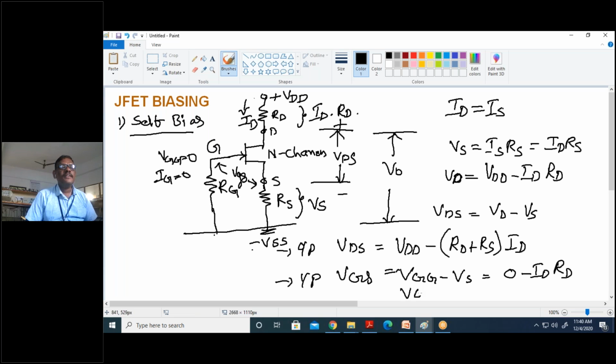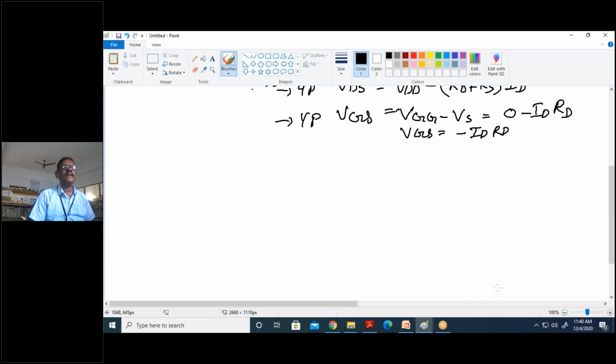So VGS is equal to minus ID into RS. When drain current increases, VS also increases, due to this reverse gate source voltage increases, which decreases the effective width of channel and hence reduces drain current.